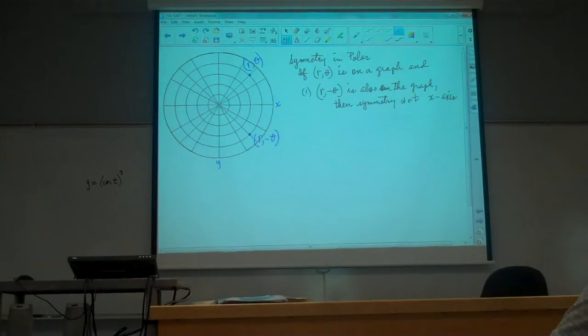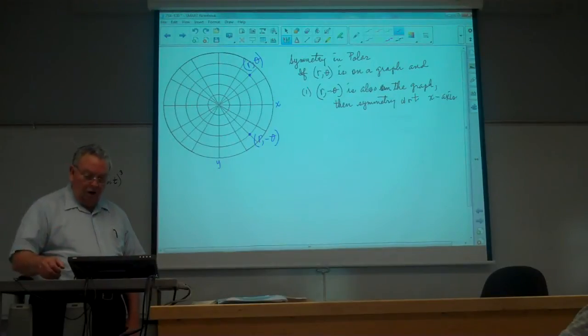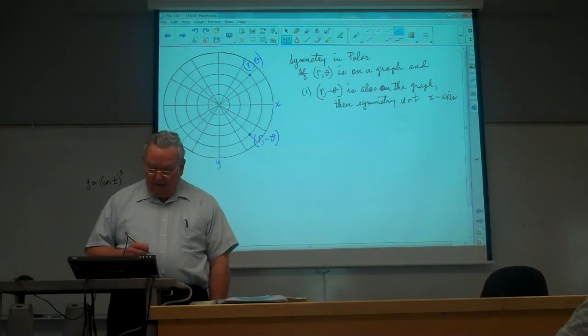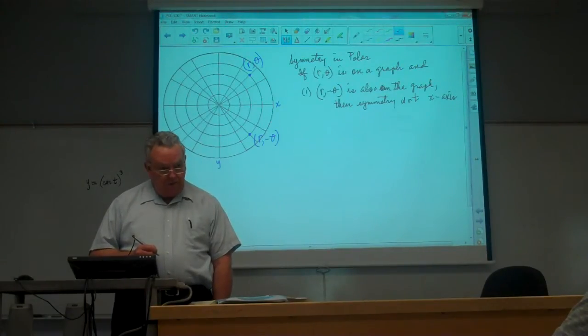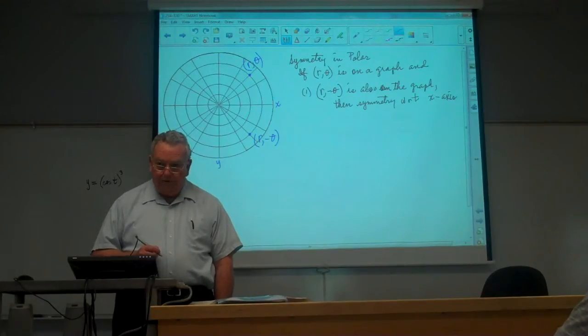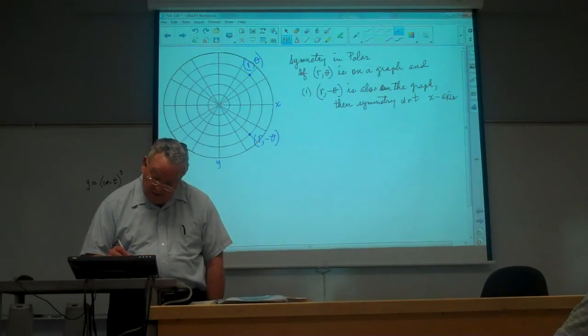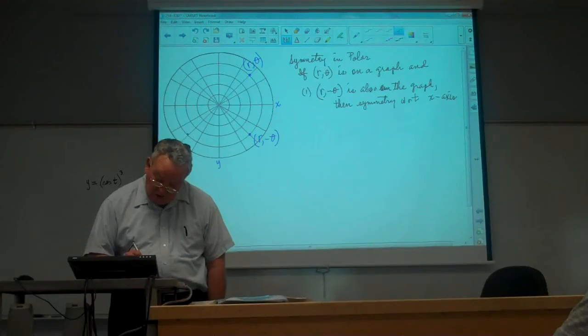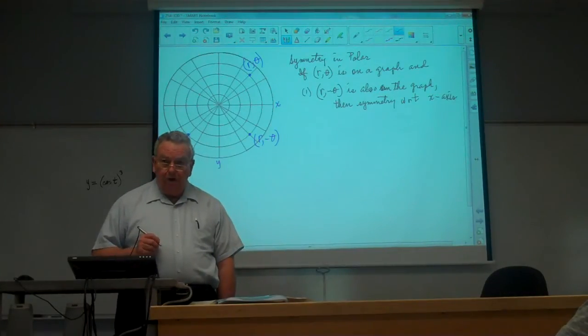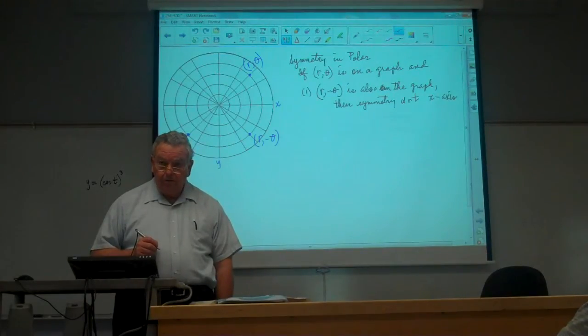Okay? Now, symmetry with respect to the origin says that if r, theta is on the graph, in order to have symmetry with respect to the origin, what has to happen? Doesn't this point, minus r, theta, have to be on the graph? Everybody agree?